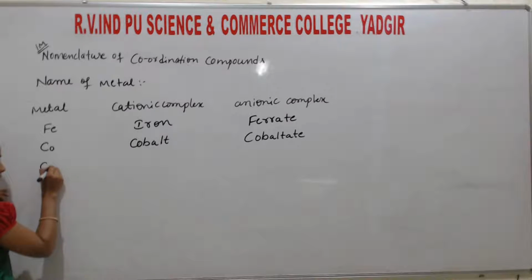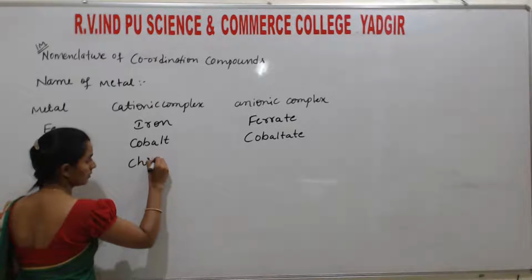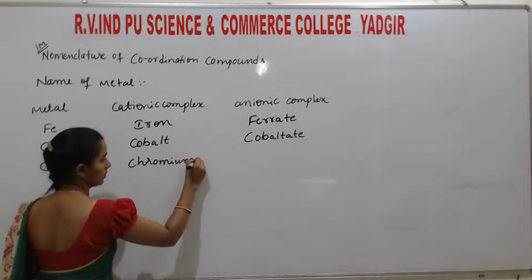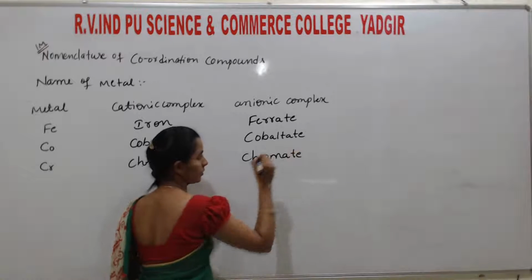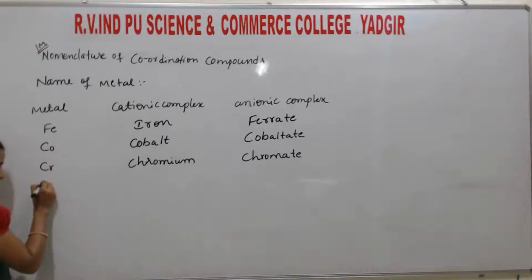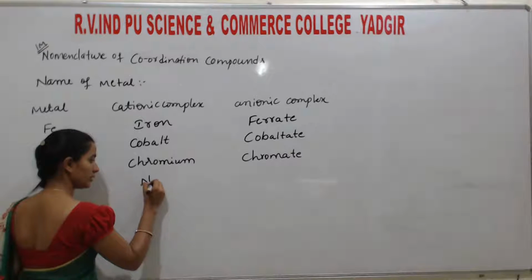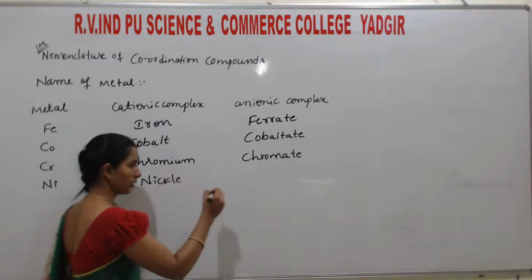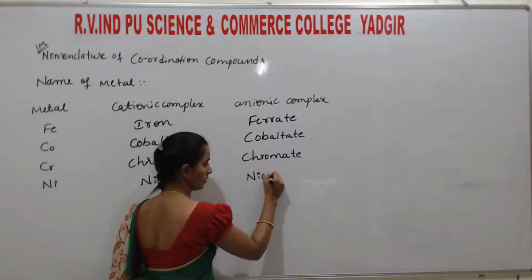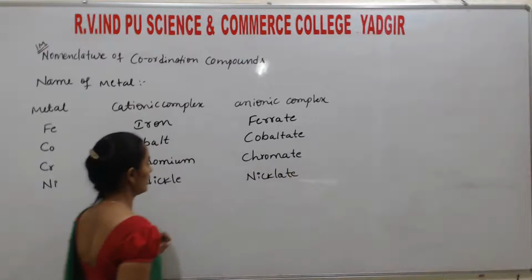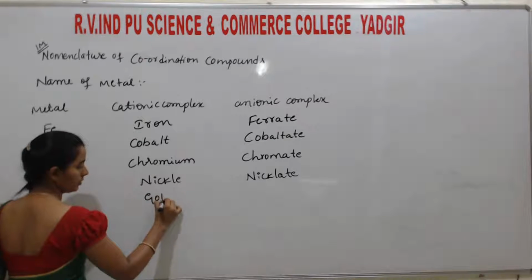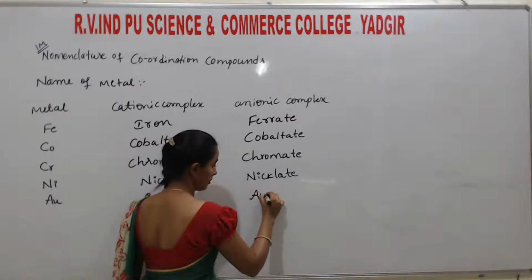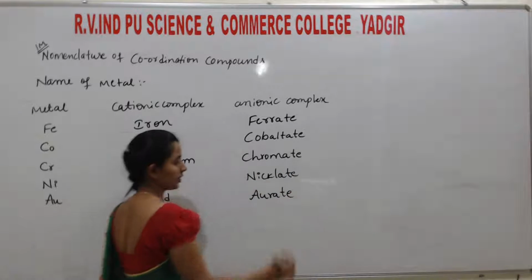Okay? If chromium is there, this is chromium, this one is chromate. Nickel is there, here it is nickel, here it is nickelate. Next, here it is gold, here it is aurate.